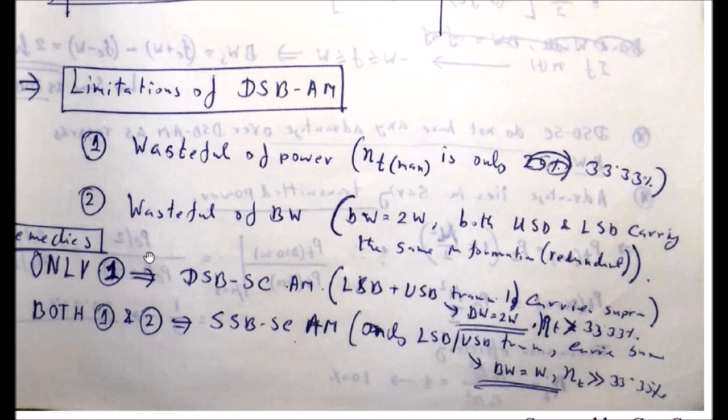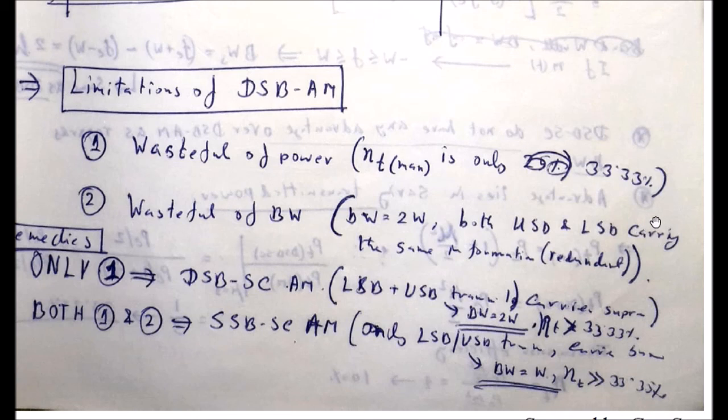Okay, and next one, it is wasteful of bandwidth also, because as I mentioned, the bandwidth of the amplitude modulated waveform is 2W if the message signal has the bandwidth of W. Your transmission is containing both upper sideband as well as lower sideband, and those are redundant. Actually, you can send either upper sideband or lower sideband to carry the message.